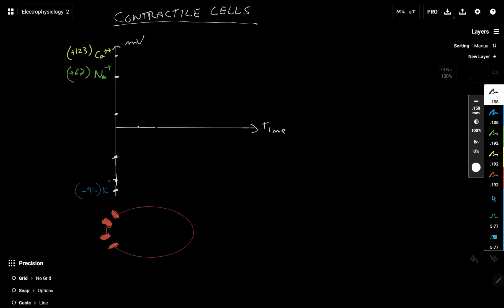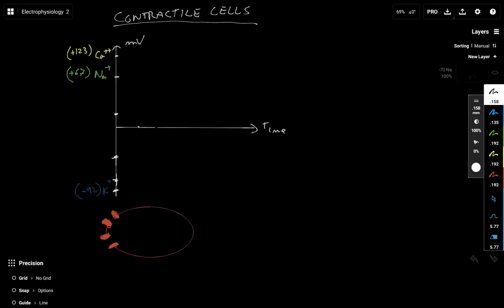So that's what would happen if it was only potassium going in and out of the cell. Sodium, plus 67 millivolts. Same again, if it was only sodium going in and out of the cell and the other ions weren't involved, that's where sodium would want it to be. And then finally calcium at plus 123 millivolts. That's what would happen if it was only calcium going in and out of the cell.